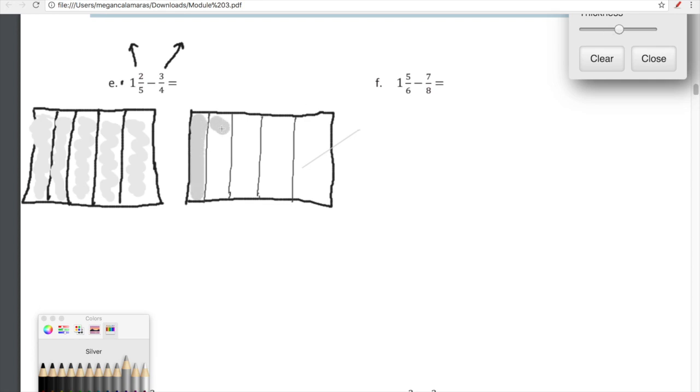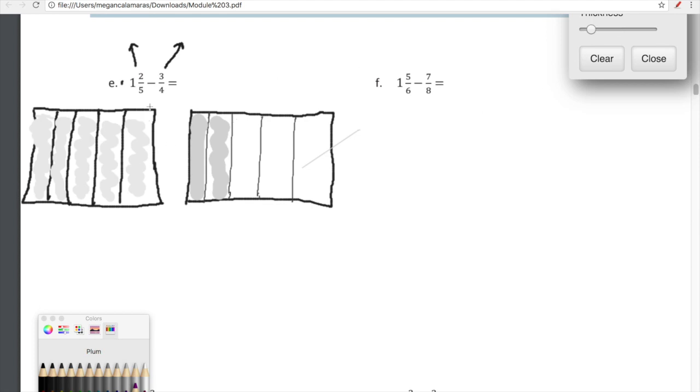So now we have 1 2/5 shown. Now what we're going to do, you guys, is lay our fourths on top of our fifths so that we can take away three of our fourths. Okay, so here goes nothing.